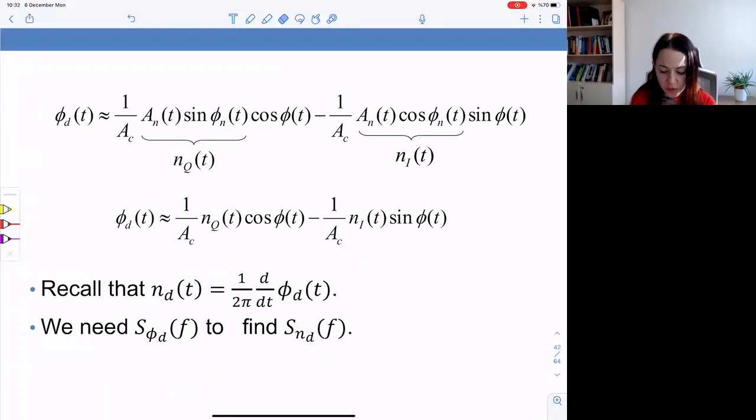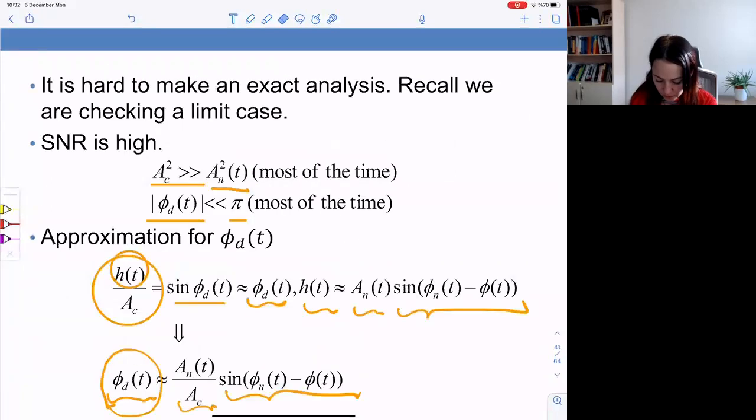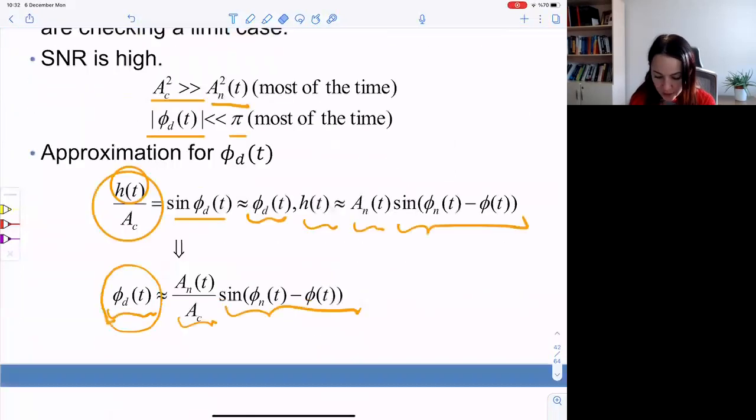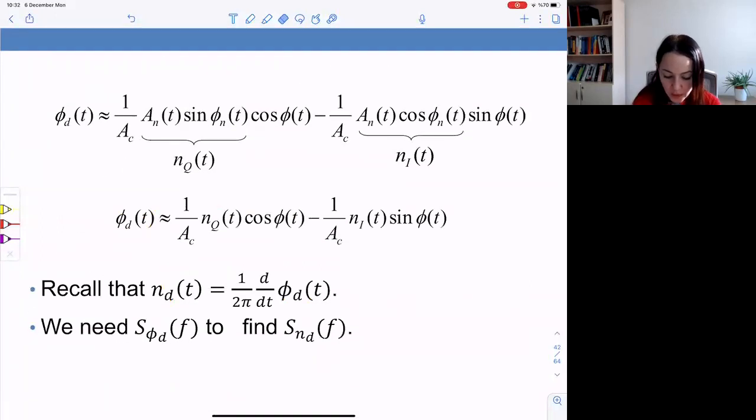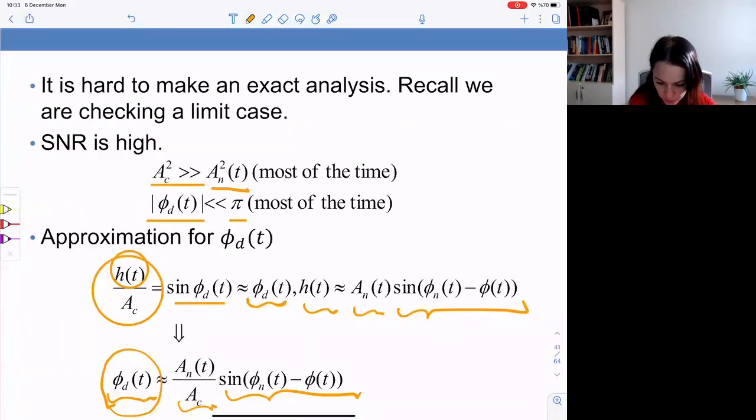Okay, so now let's go back to this sine phi n minus phi. Let's use some trigonometry.